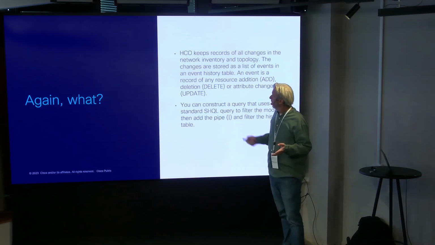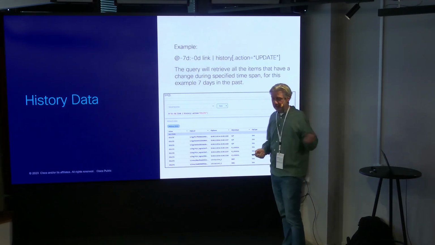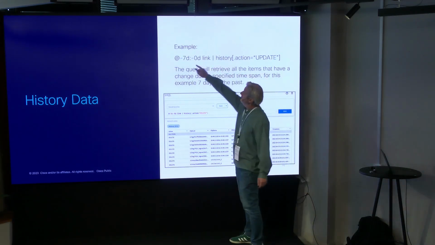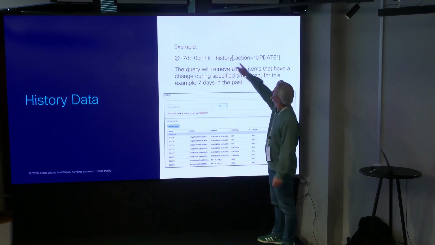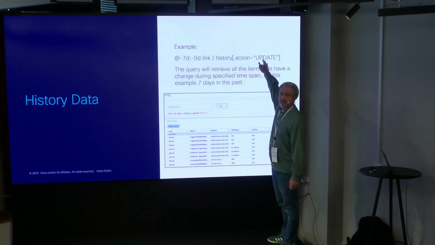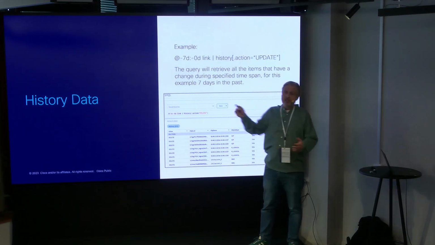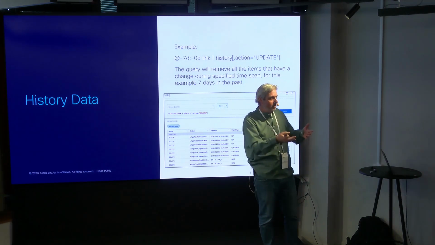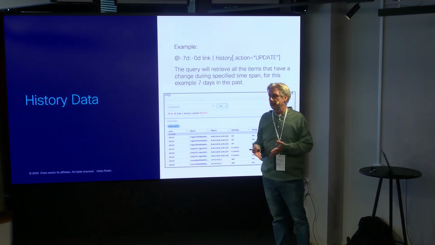Okay, so using the history application as Daniel was showing, I can ask in this way: bring me in the last week all the links pipe history that the action was update. Okay, we can ask action update and oper status change to down, and that will bring you all the changes. Okay, in that case, it will be much easier for you to troubleshoot because now you know exactly which link went down and exactly when it was down.